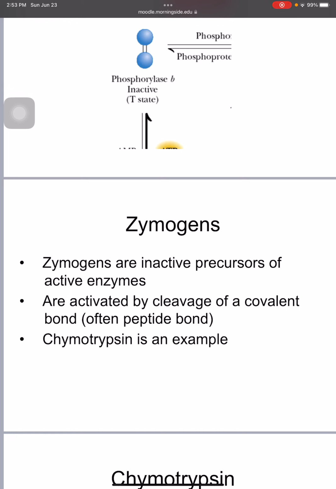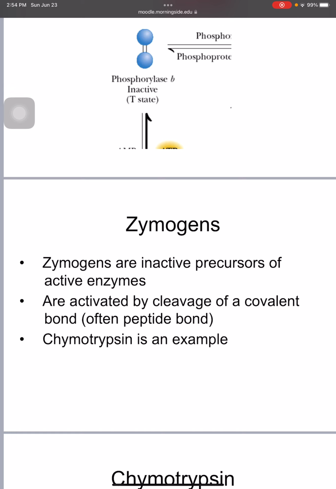The first thing I want to talk about is something called zymogens. Zymogens are defined as inactive precursors of active enzymes. Enzymes are not always just sitting there in the same exact form, ready and waiting for a reaction to catalyze. They actually have to go through different processes, right?